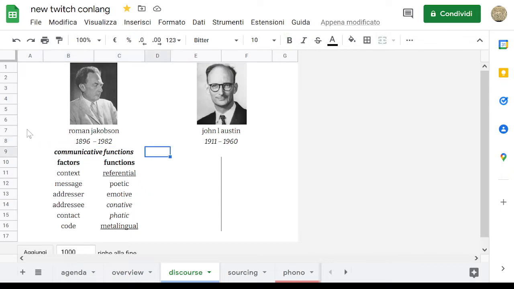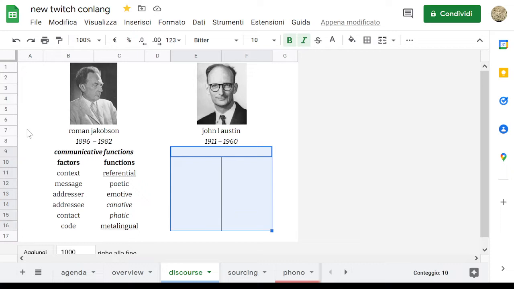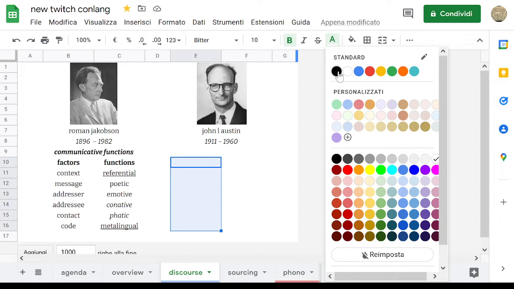Alright, so that's one way of thinking about discourse, or communication in language. Another model, which was put together by a lot of linguists, but John L. Austin is often credited with putting this theory together initially, and it's been largely expanded upon by other linguists, is the concept of Speech Act theory. So I'm going to unveil this a bit. I don't want it to be distracting to have too much text on the page.